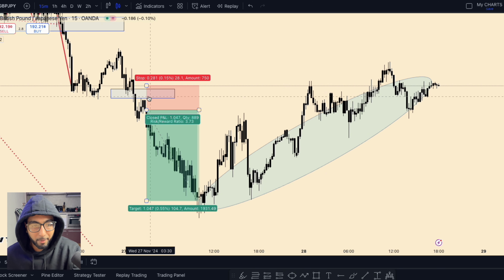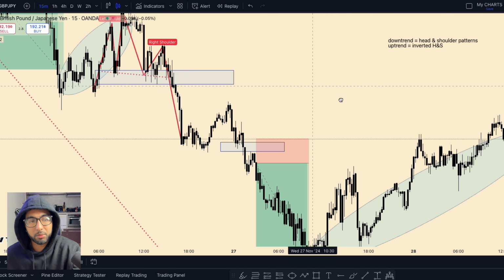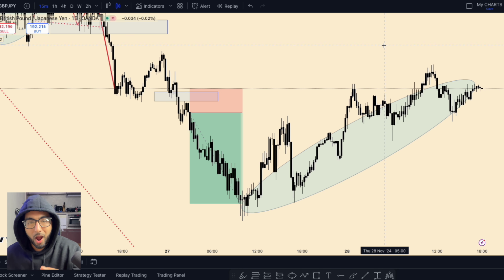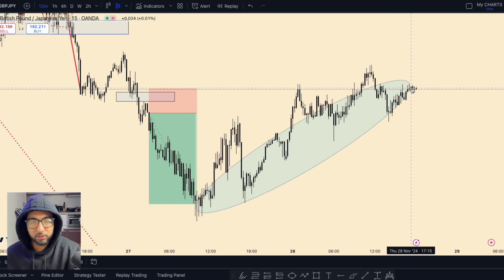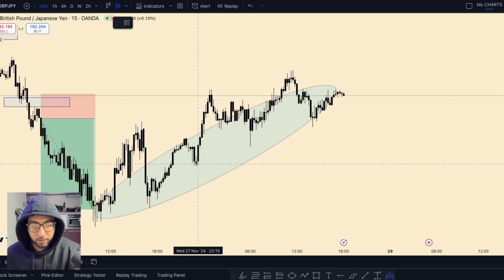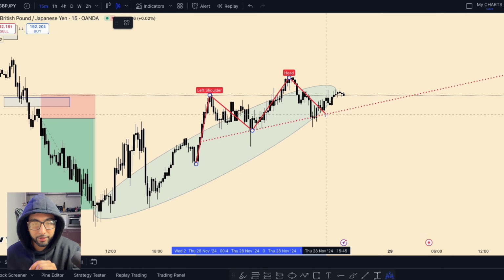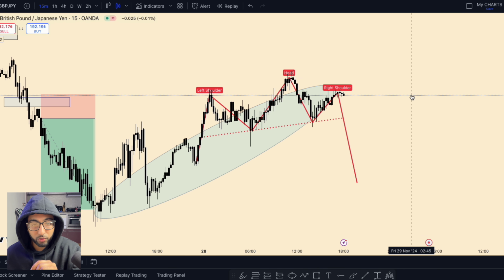Yes, cool. We might have internal structure broken, but this high hasn't been broken. This high hasn't been broken. None of these highs have been broken. So why would you think price is on an uptrend? Clearly, it's still on a downtrend, and most likely, even with our head and shoulder pattern, maybe we could be forming left shoulder, head, right shoulder, and you can see the right shoulder and the left shoulder on the same zone.